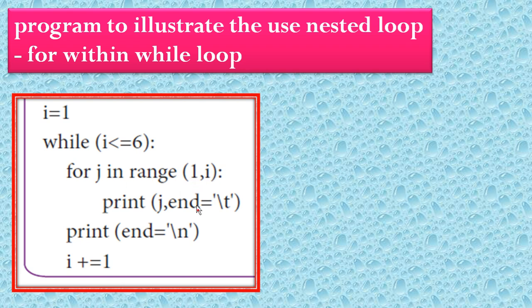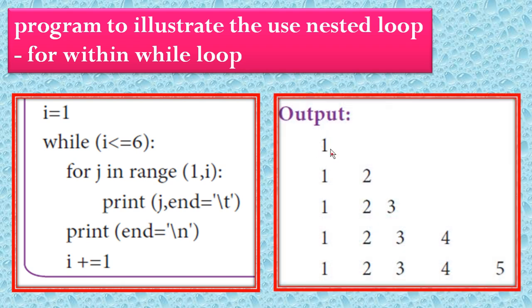So, this print statement is executed one time. So, the j value is printed. Here j is the value of I, that is 1. So, 1 is printed as shown in the output. Print end backslash n.